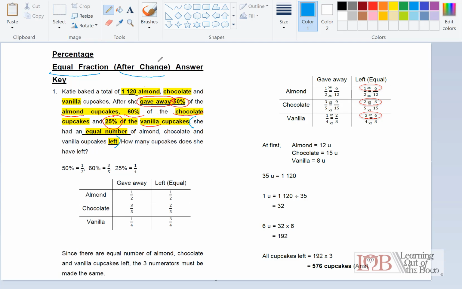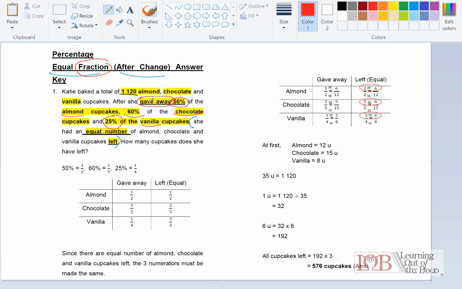Yeah, and again you may ask, why is it called equal fraction after change? Why fraction, but you only see percentages here? Can't you change percentages to fractions? And also, the common type of problem sum related to this concept always starts off with fractions.